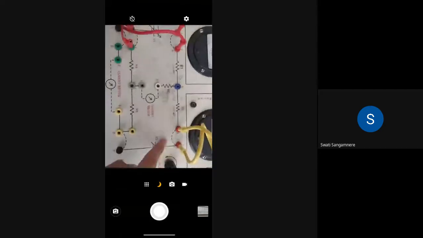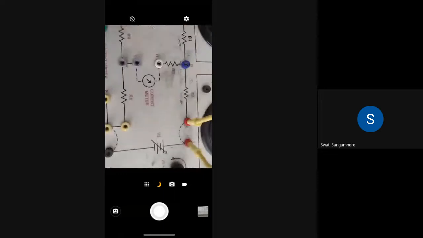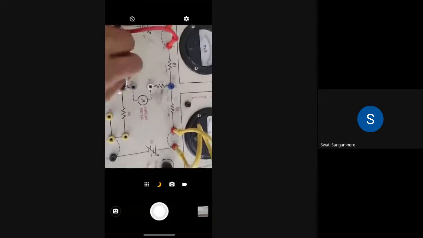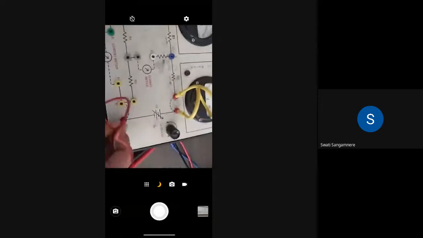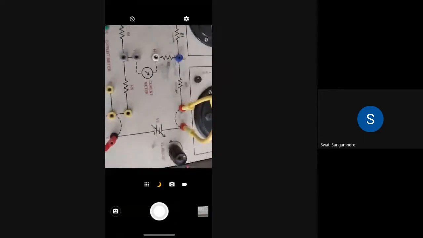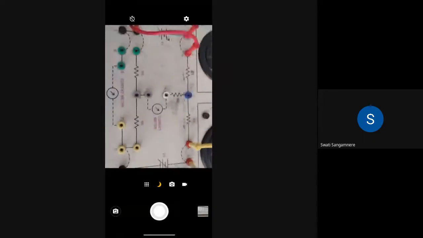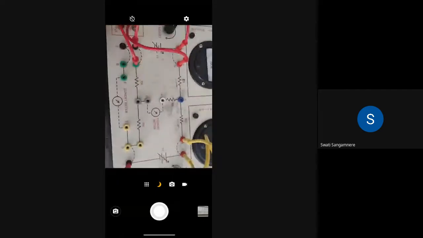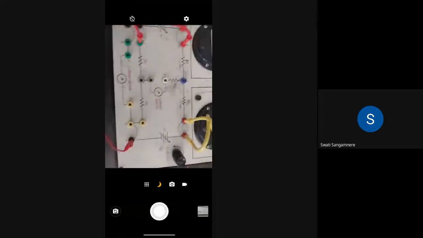Then connect the voltage source V2. See, we can connect the voltage source V2 by connecting this dotted line.